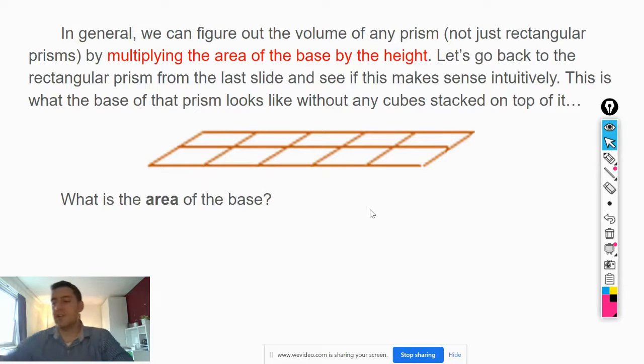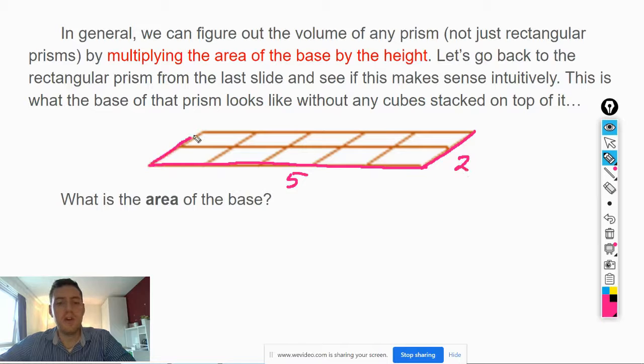But this is a rectangle over here, and so we can figure out what the area of this rectangle is simply by multiplying the length by the width. So the length is 1, 2, 3, 4, 5 units long, and the width is 1, 2 units long. So the area of this rectangle is 10 square units.